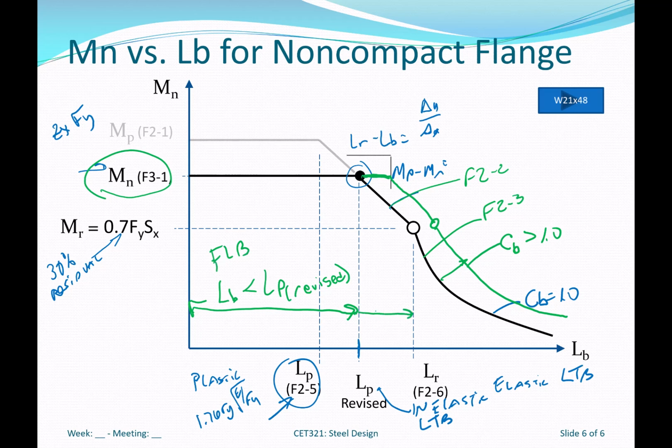In this region, I have my inelastic lateral torsional buckling. So really, I'm just shortening up the length over which inelastic lateral torsional buckling occurs. And then over in this region, from here beyond, we have elastic lateral torsional buckling. Okay, so again, inelastic in this region, elastic here.